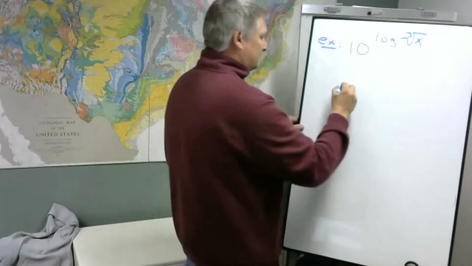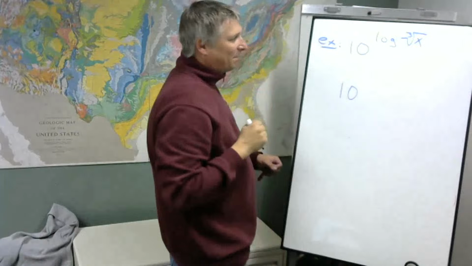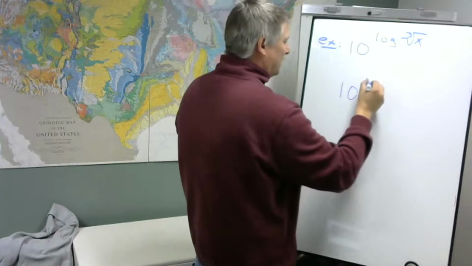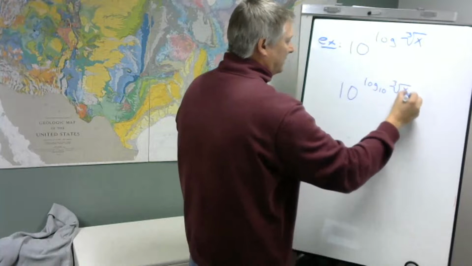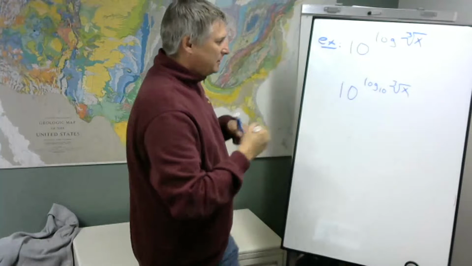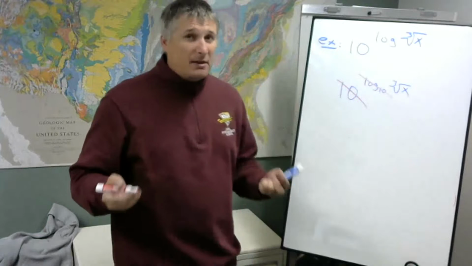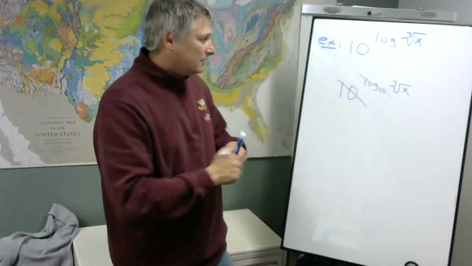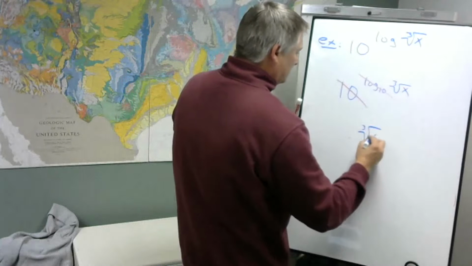Well, again, 10 is the base of an exponential function because we have an exponent here. We have a log base 10 of the cube root of x. So the exponential function part and the logarithm part, since they have the same base, are going to cancel. And that's just going to leave the cube root of x.